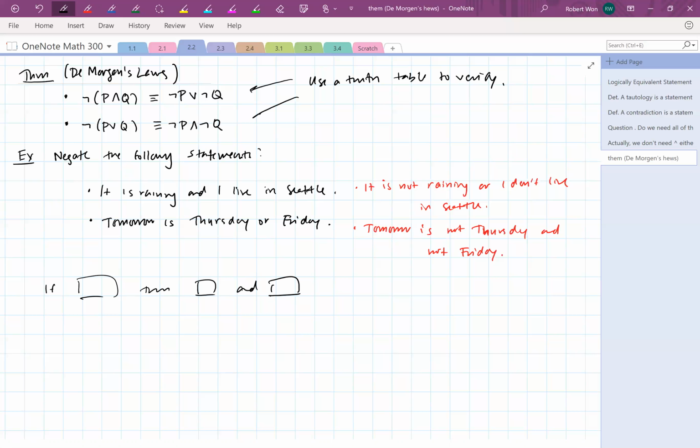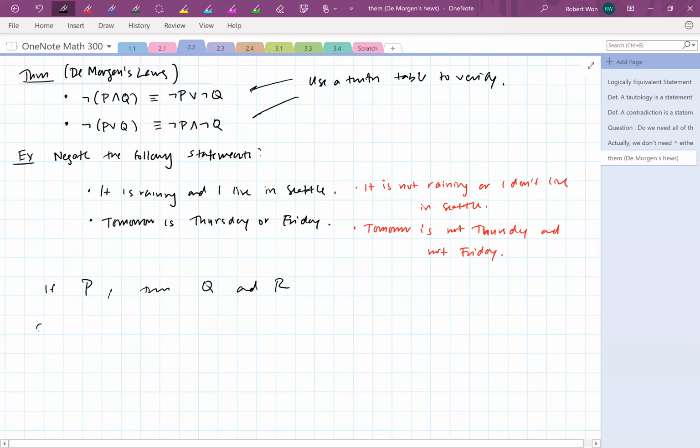Right? If P, then Q and R. Well, maybe you want to prove it using the contrapositive, right? So, rather than boxes, let's just say if P, then Q and R. Very common sort of statement that you want to make, right? If something is true, then these two other things are both true.